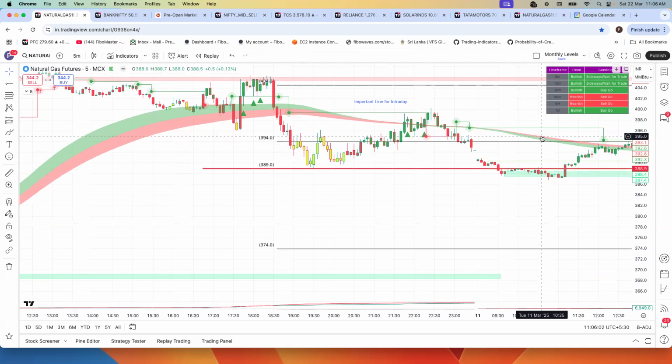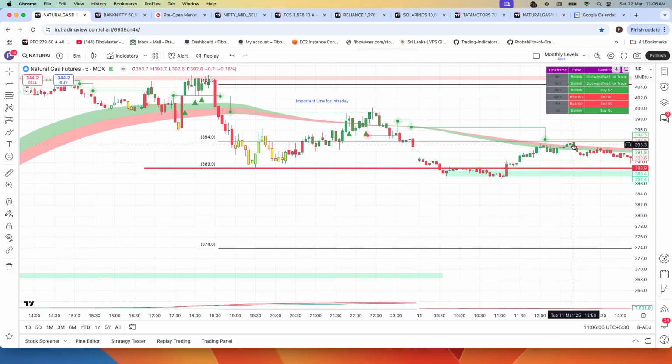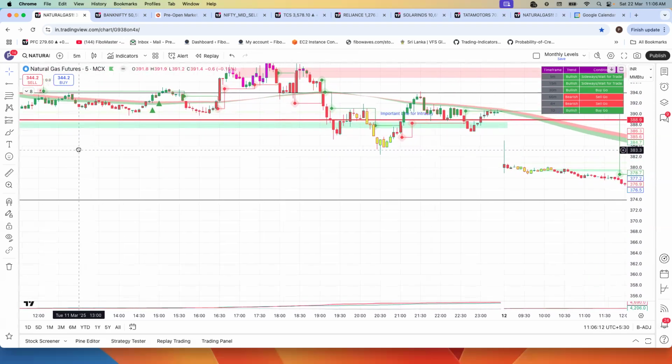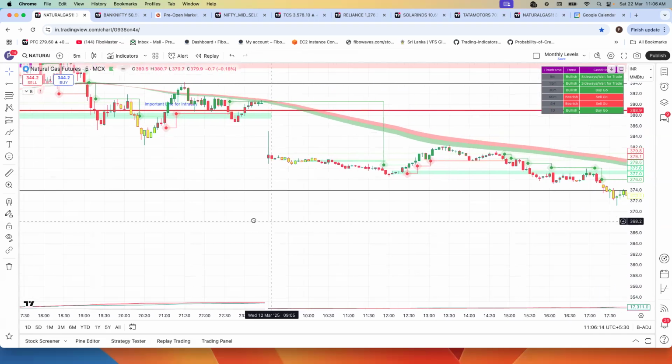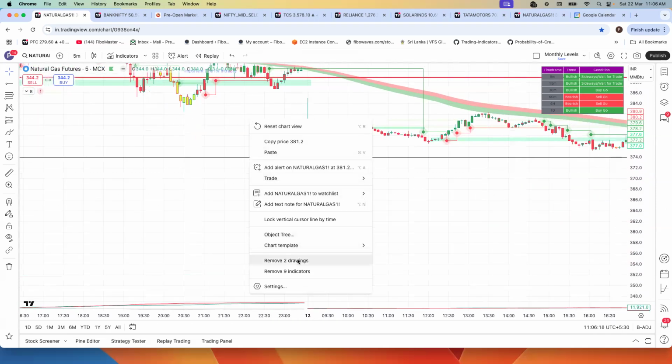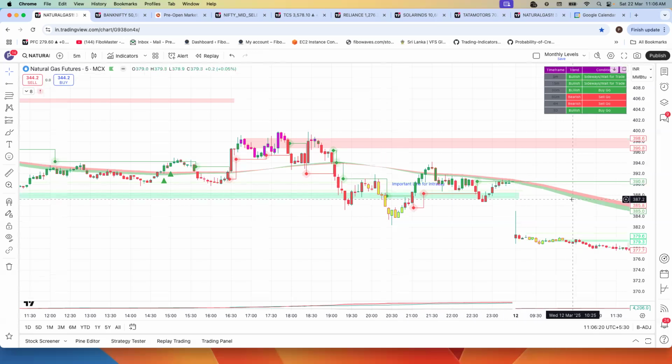So that means there is a possibility of coming down again. So shorting here, again from here, shorting, shorting, comes a big move on the downside. Okay. So always follow the trend.